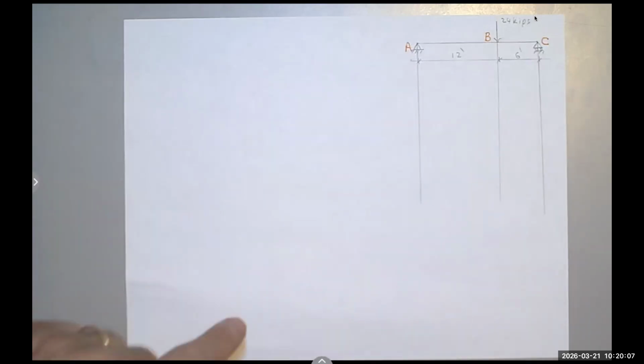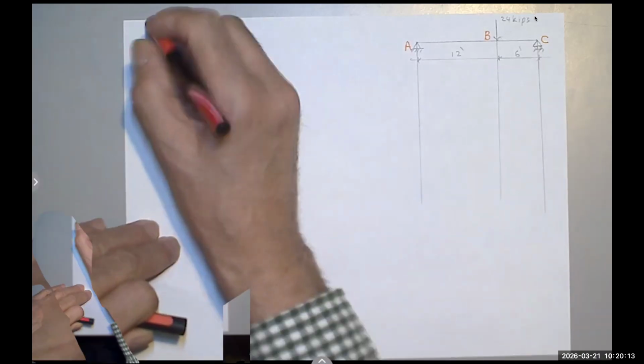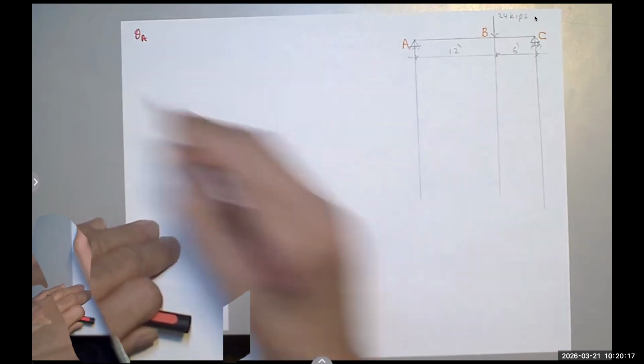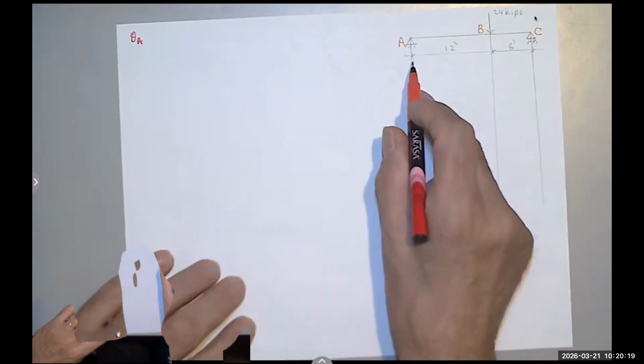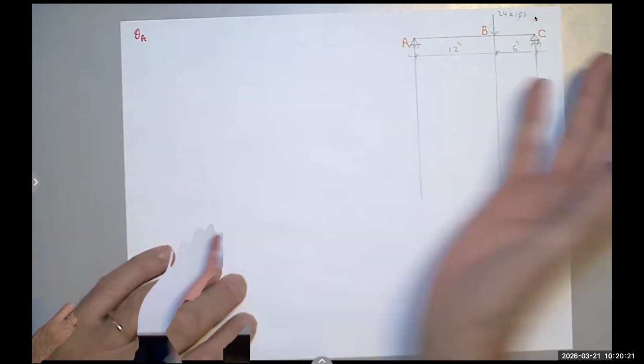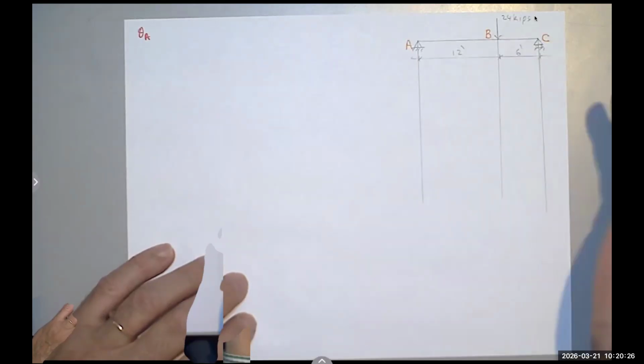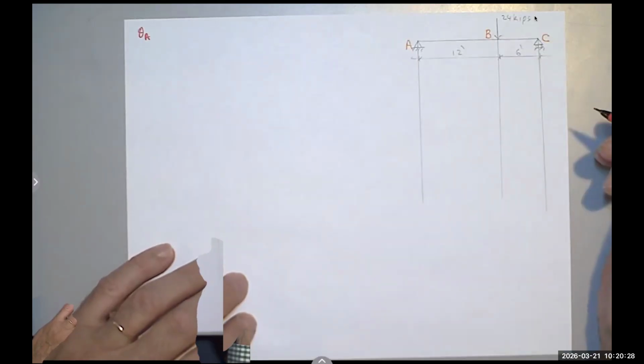So in this problem, we want to find theta sub A, the slope at A. I don't think we need the slope at C, since we learned that all you have to do is add the area of the bending moment diagram.